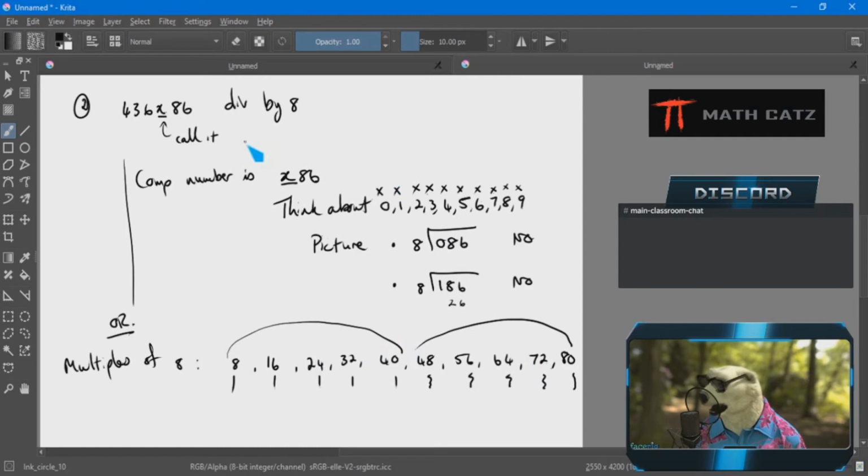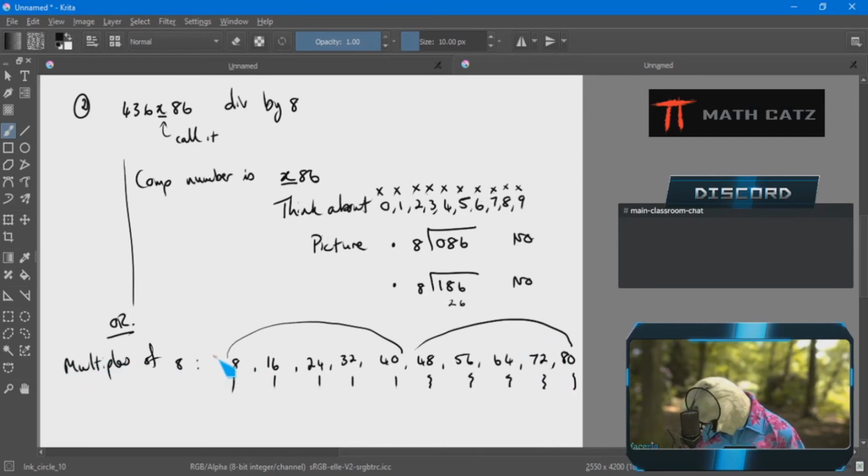Which means that, regardless of the test for 8, if my original number doesn't end in one of these ones digits, 8, 6, 4, 2, or 0, that number can never be a multiple. Because this number has to be in some loop later on as I make my list of multiples.